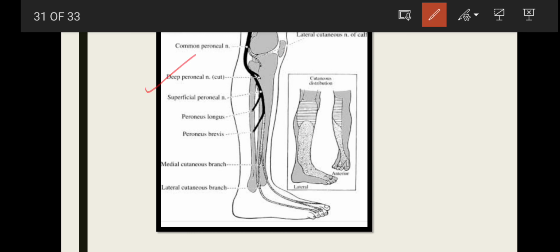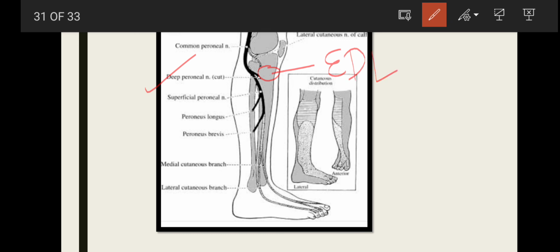You can see that this is a smaller branch of the common peroneal nerve. It enters the anterior compartment, piercing the intermuscular septum, a thin layer between the muscles. It pierces the extensor digitorum longus.